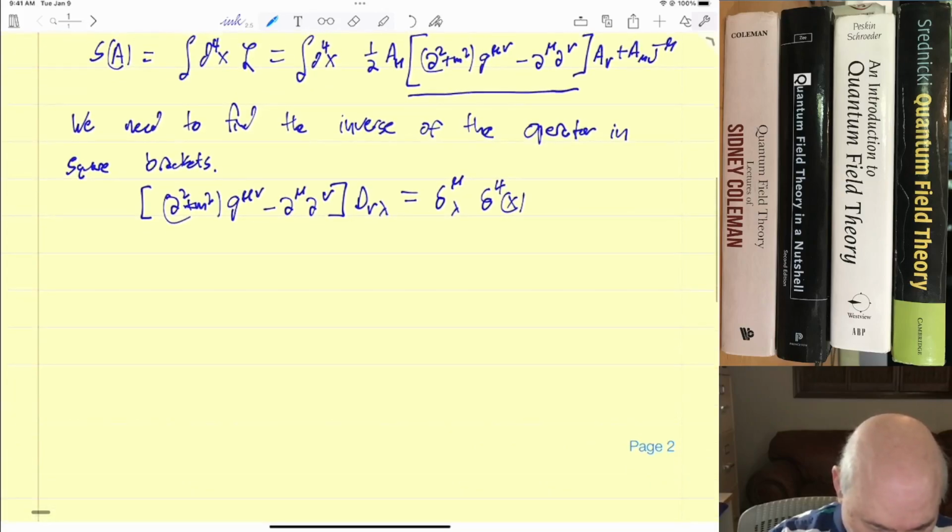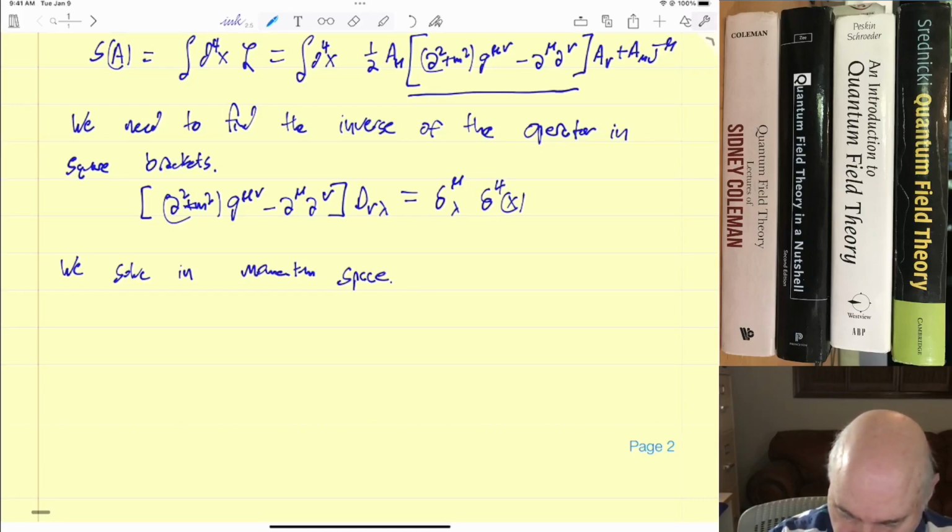Okay, so the way to solve this is we solve it in momentum space. I'm not going to do it for you because I'm sure all of you have done this before; it's kind of routine and you can certainly verify the answer.